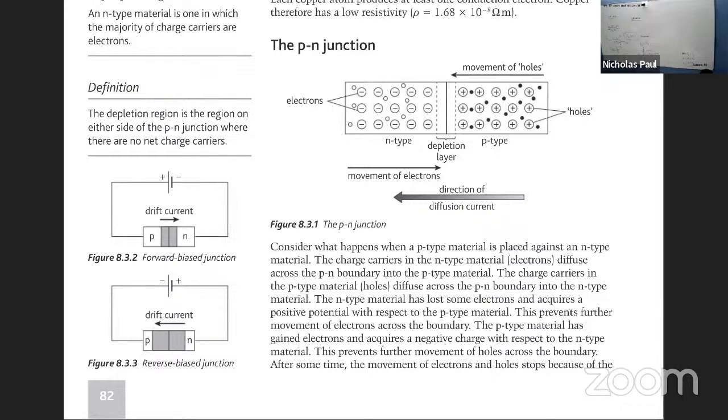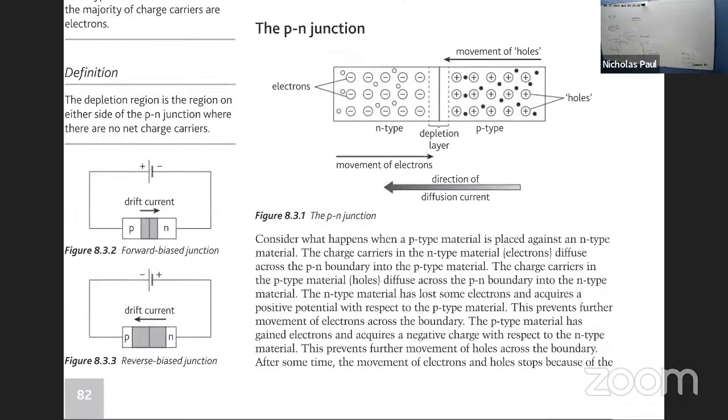Right. So consider what happens when a p-type is placed against an n-type material. The charge carriers in the n-type are the electrons, and they diffuse across the p-n boundary into the p-type material. The charge carriers in the p-type diffuse across, but really and truly, the p-type don't move, right?